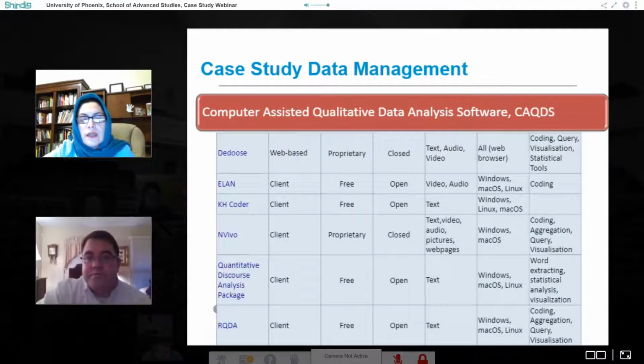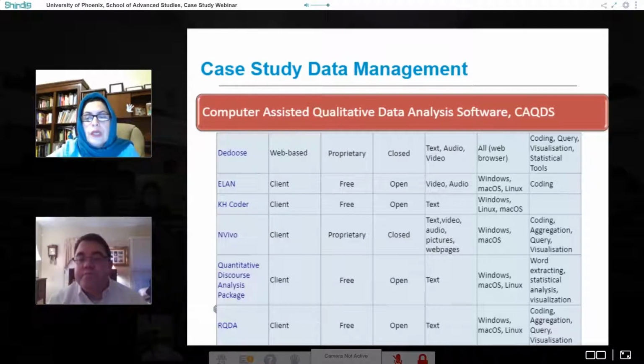Okay, so here is a list of some of the software that you may use. NVivo is really famous; you have heard about it a lot, and University of Phoenix offers it to students and faculty. It helps you with coding, aggregation, query, and visualization of your data as well.